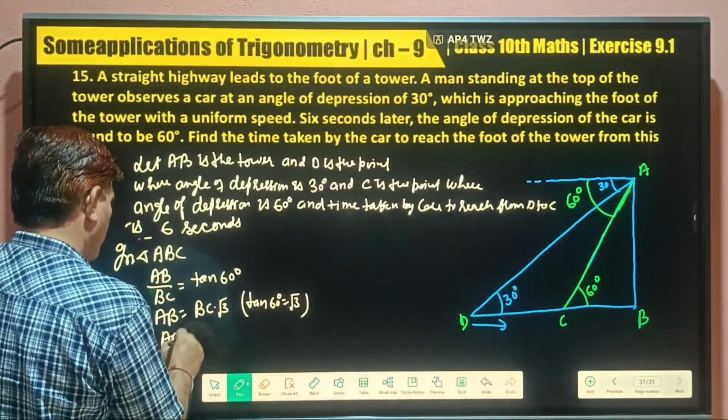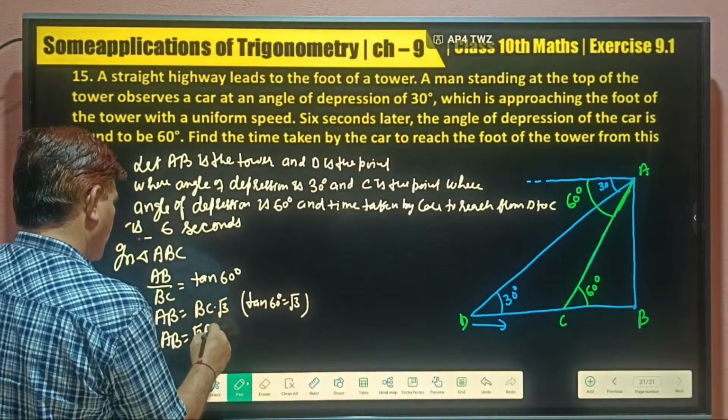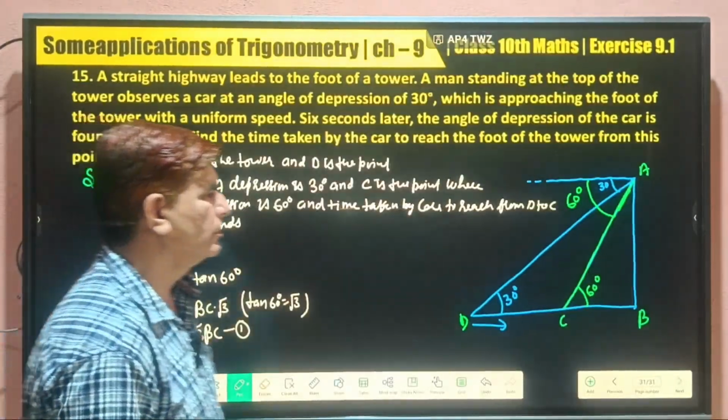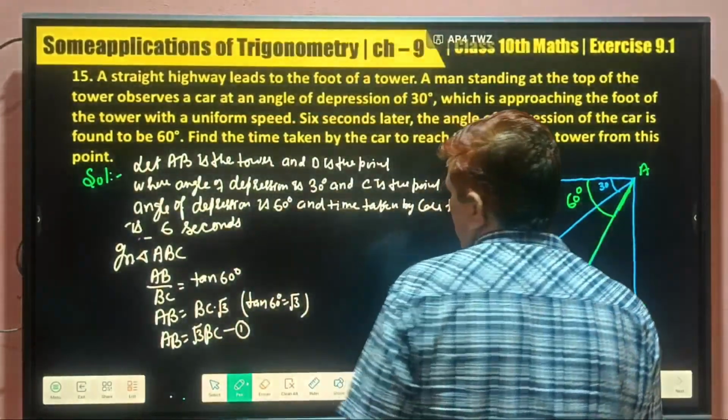So AB is equal to BC into √3, because tangent 60 degrees equals √3. So AB is equal to √3 BC. This is your first equation. Understood?